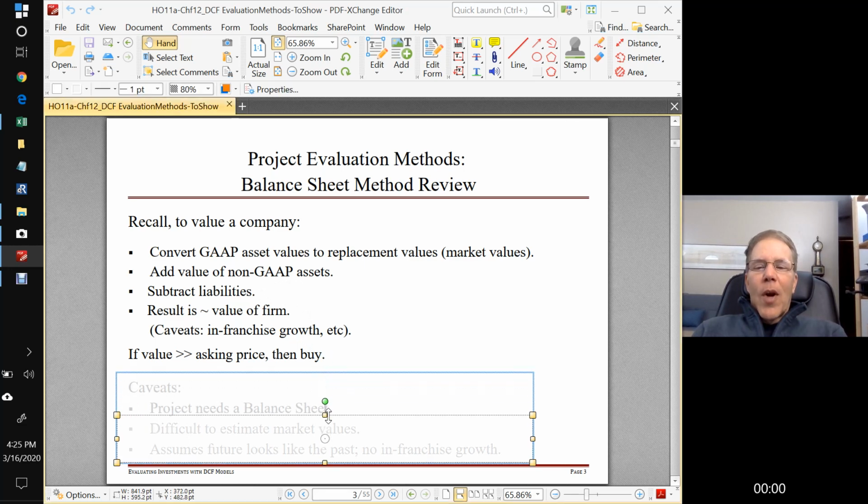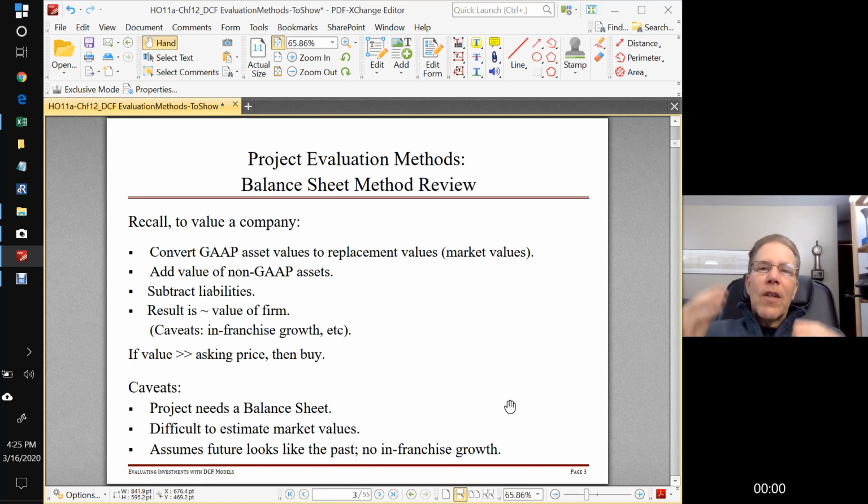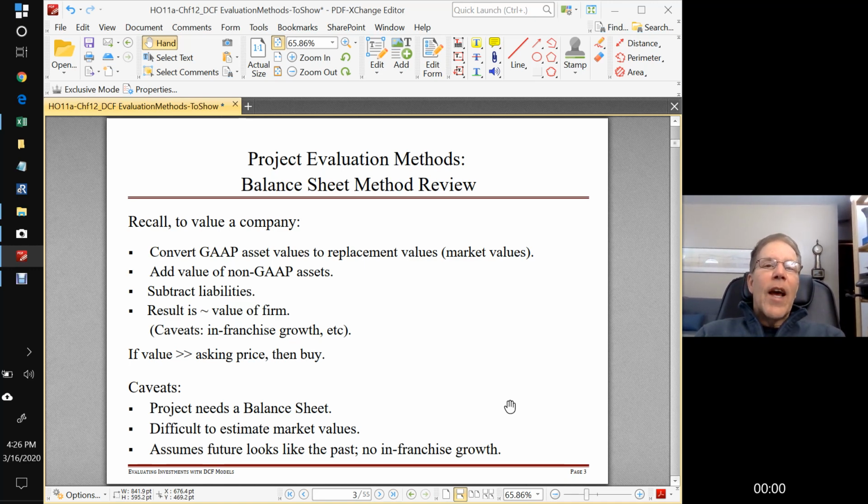And the problems that we've seen with that are that, first of all, we need a balance sheet. Not all projects have balance sheets. And secondly, it's very difficult, in most cases, not all cases, to estimate the true market value of the assets on the balance sheet and assets that aren't even on the balance sheet, like brand value.